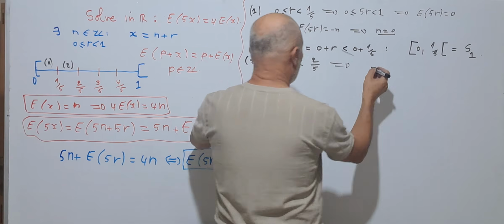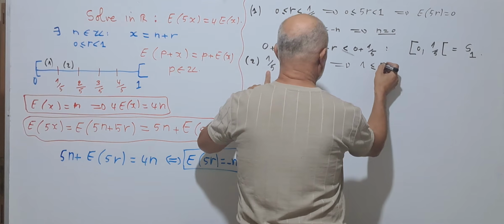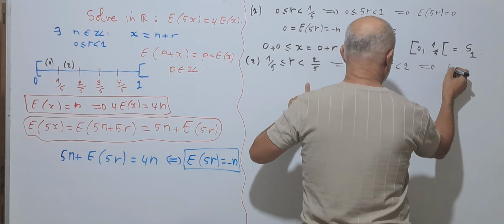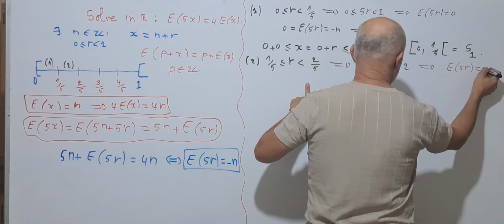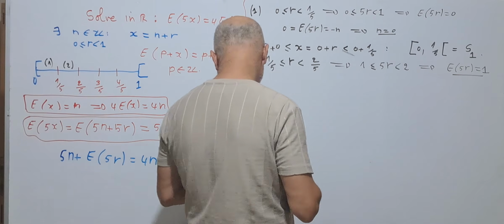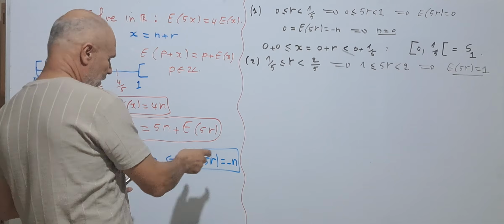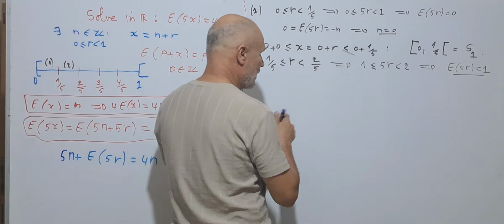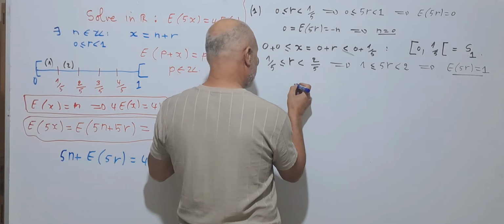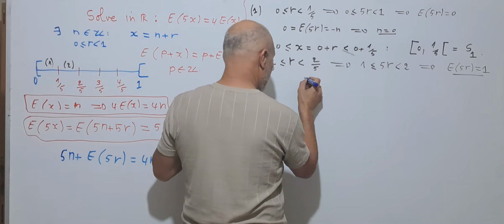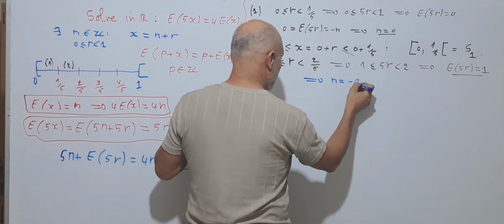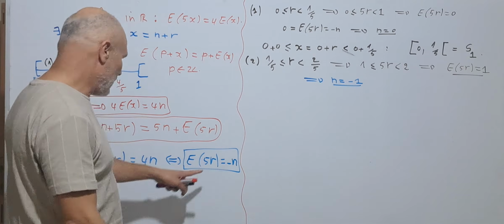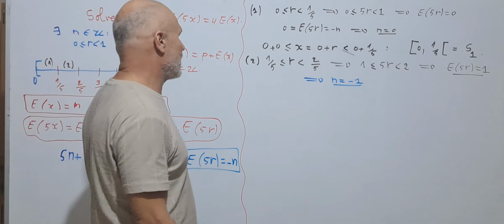This implies that 1 is less than or equal to 5r, strictly less than 2, which means that the integer part of 5r is equal to 1. And we need to solve E of 5r equal to minus n. This implies that n is equal to minus 1. Why? Because the integer part of 5r equals 1 and we are searching n equal to minus the integer part.